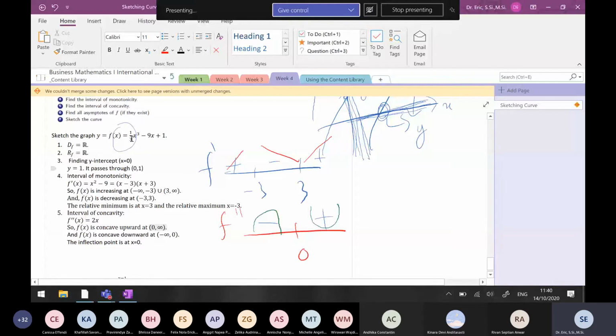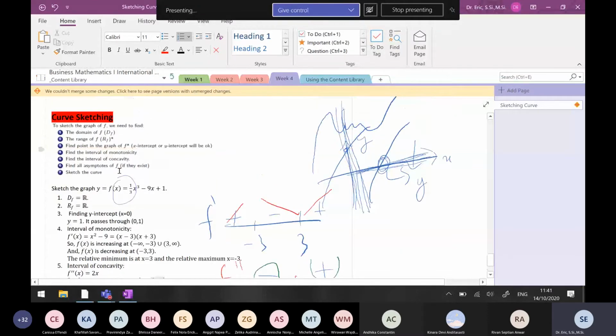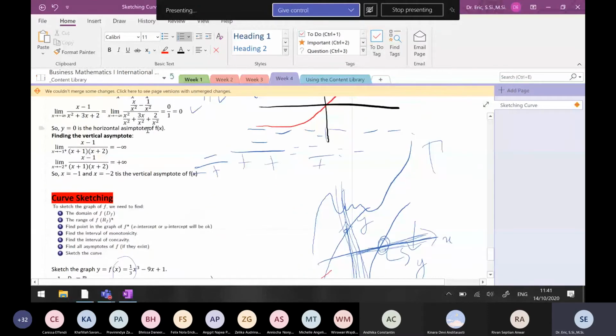Okay, now the asymptote. Because this is a polynomial, you won't have any asymptote. You can have an asymptote if you are dealing with a rational function.